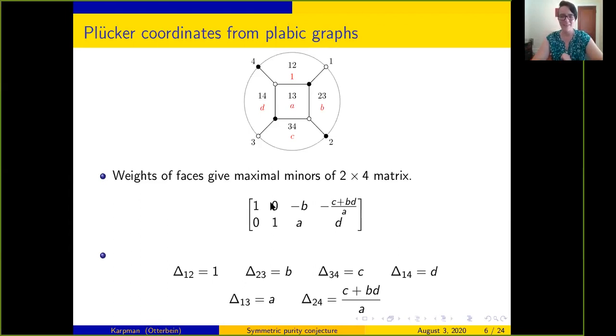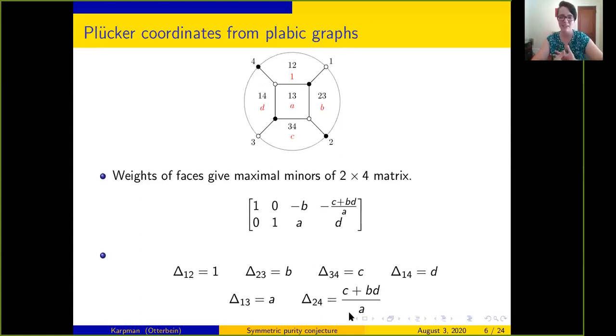Reading off from the matrix here, I'm getting C plus BD over A. The actual formula is maybe a little less interesting to me right now than just noting that if A, B, C, and D are all positive real numbers, this last minor, 2, 4, which is uniquely determined by the ones that we've expressed as face weights, is also going to be positive.